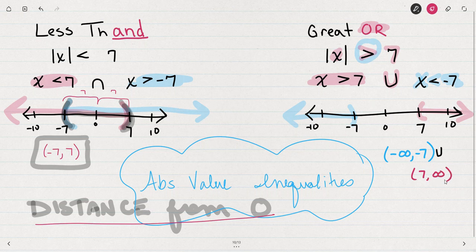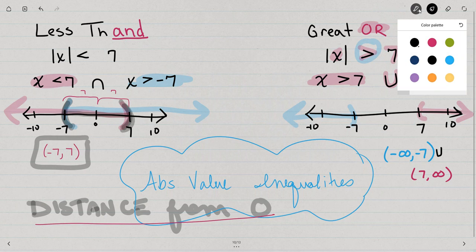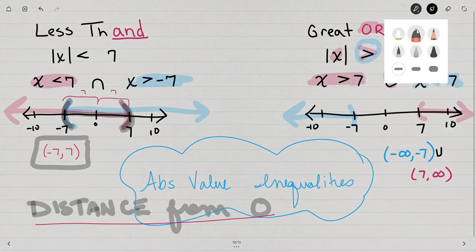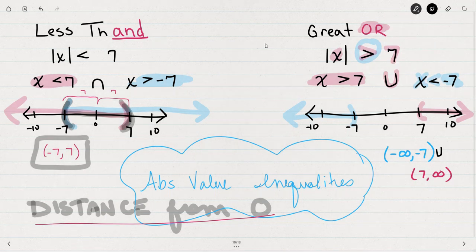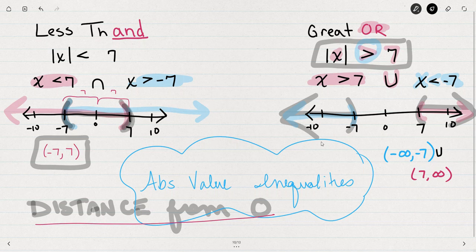But again, I can't say enough how much better it would be if you can grasp this from a conceptual point of understanding: the statement, the absolute value of x greater than 7, means all the x's whose distance from 0 is more than 7. So we're going to start at 7 and negative 7 and go out.